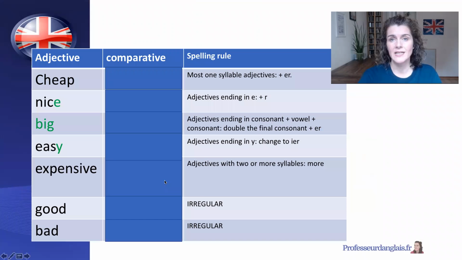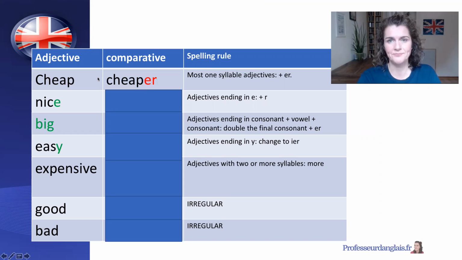To begin with, let's just concentrate on comparative adjectives. We use comparative adjectives if we want to compare two things. For most one-syllable adjectives, we do this by just adding er to the adjective. So cheap becomes cheaper.